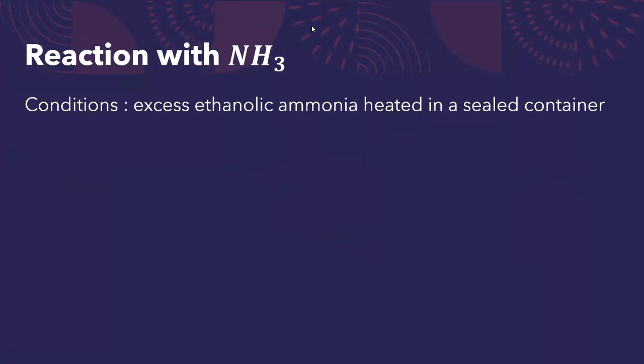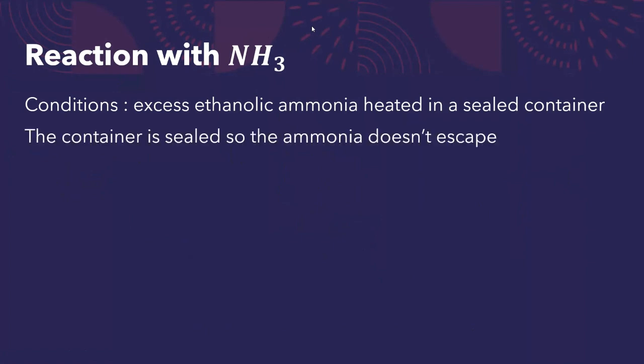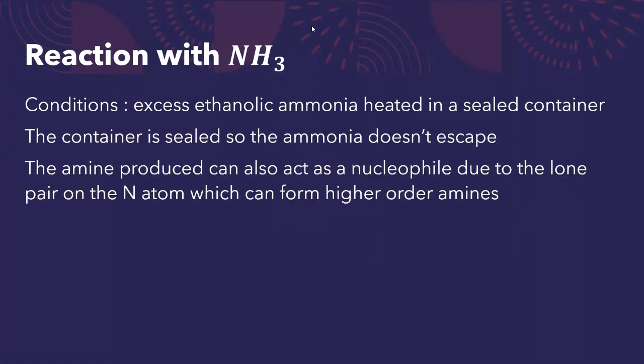So the conditions use excess ethanolic ammonia heated in a sealed container, and it's sealed so any ammonia doesn't escape. And the amine, which is the product, can also act as a nucleophile, as it has a lone pair on the nitrogen, and this forms different products such as higher order amines.